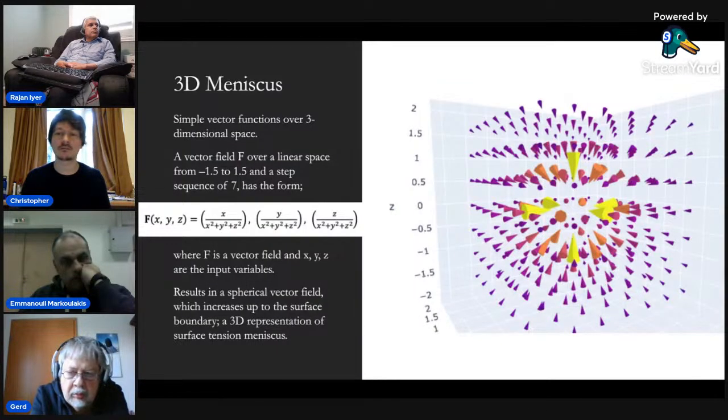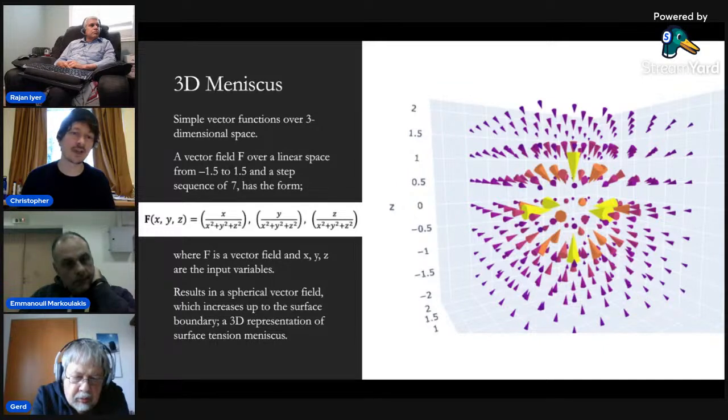So to begin with, we start with a very simple model of space-time curvature, and we're not using any complicated tensor mathematics here. I just stick to vector functions to keep things simpler.